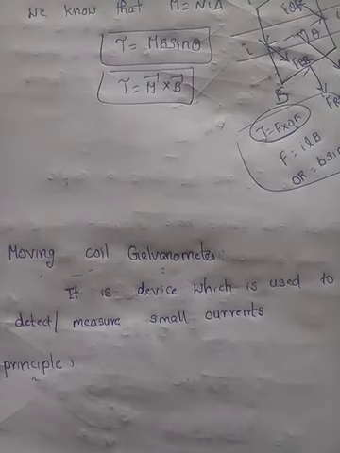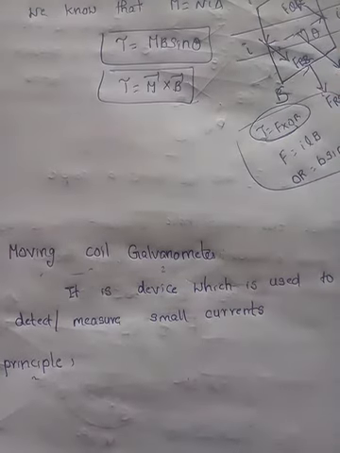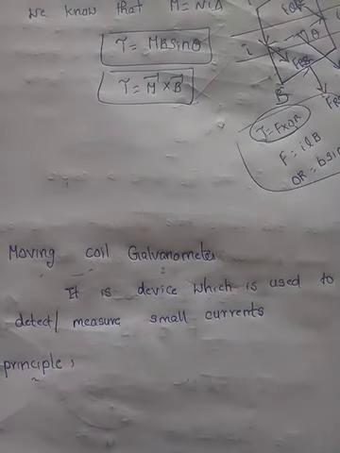On which principle does it work? When a rectangular coil, or a current carrying conductor, is placed in a magnetic field, it experiences torque. It causes some deflection.